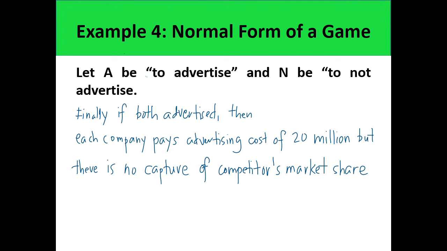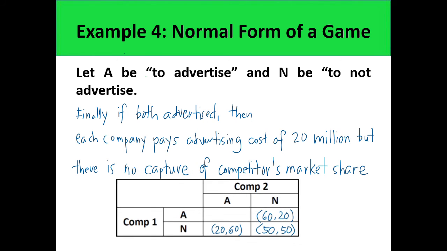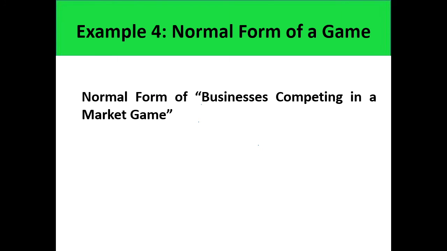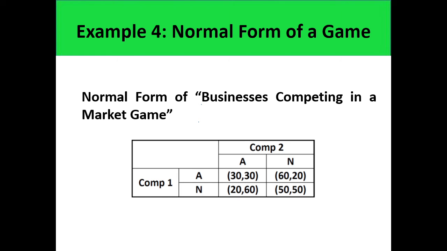So from the usual 50, each company will have 50 minus 20, which means each company will only get 30 million. So to complete the normal form, the last cell will be 30-30. This completes the normal form of the game of businesses competing in a market.